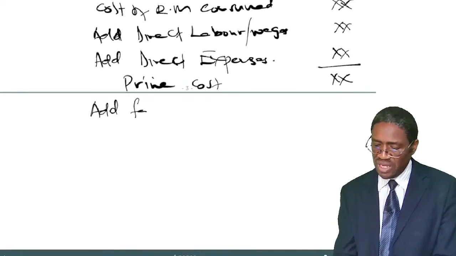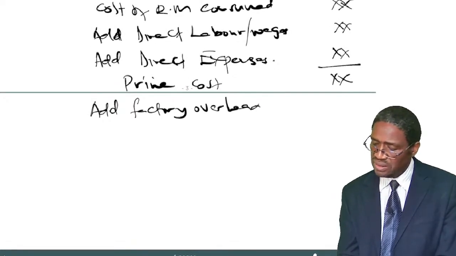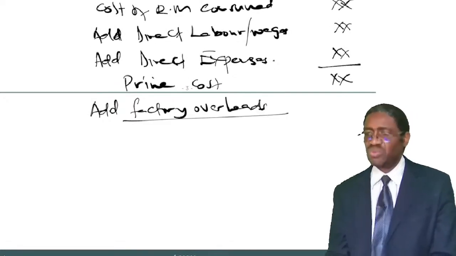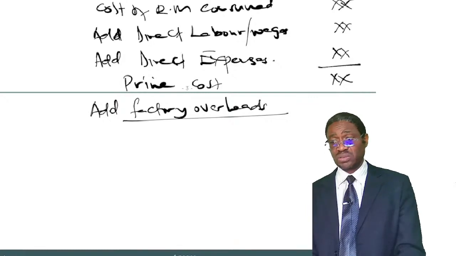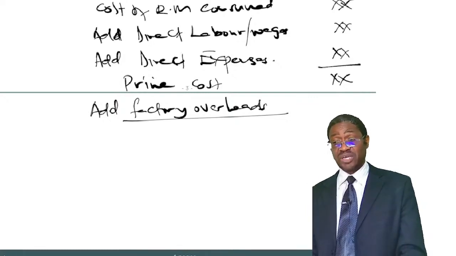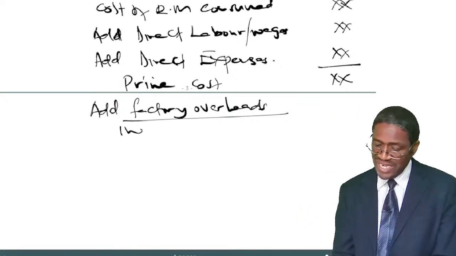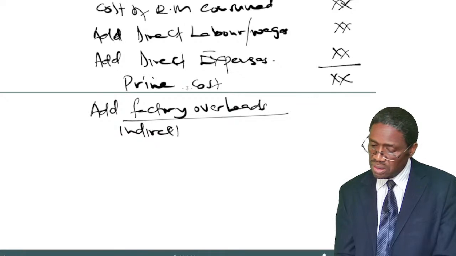I told you to come and add the factory overheads. For the factory overheads, we gave examples like indirect materials. Don't forget.